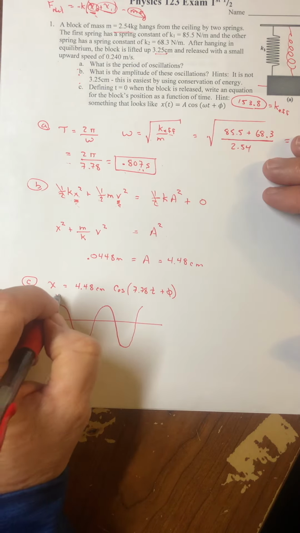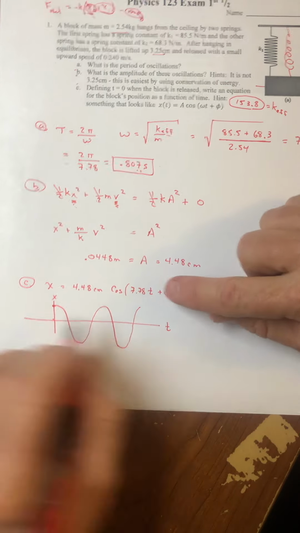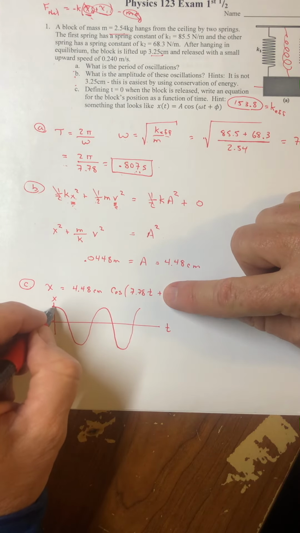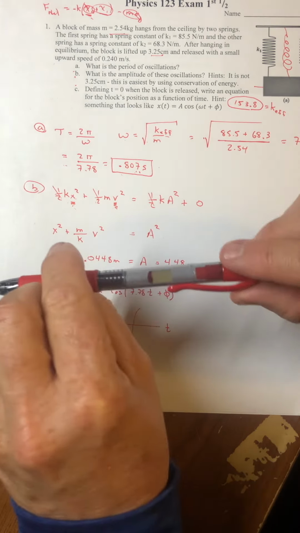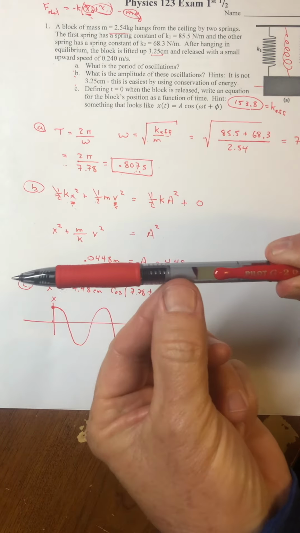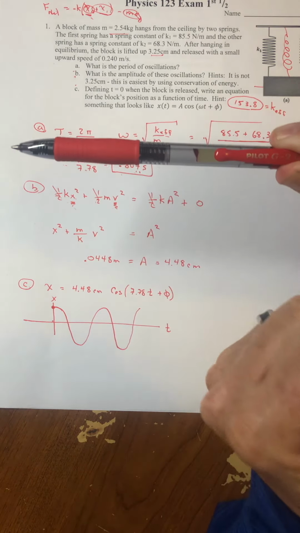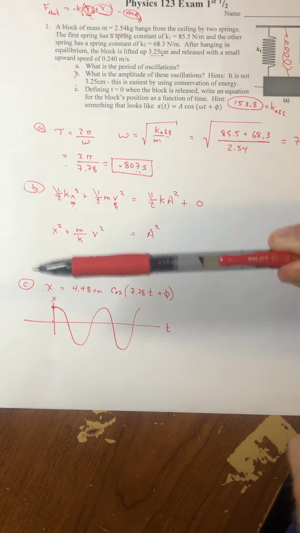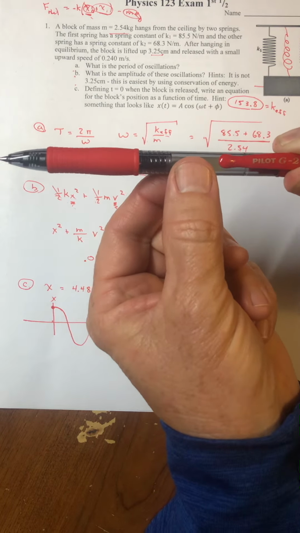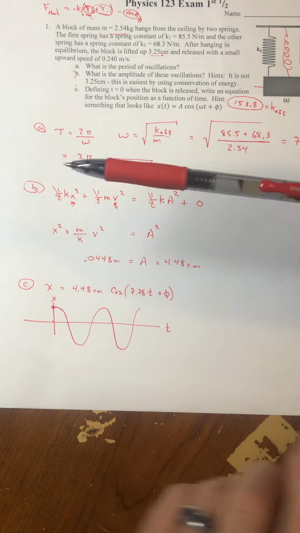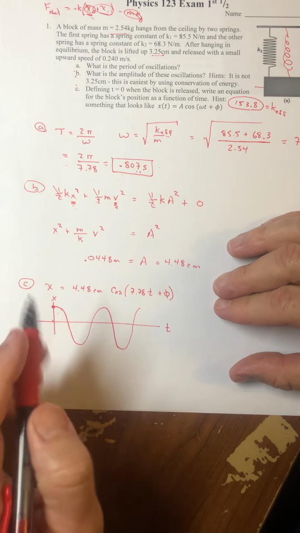And so if this is x and this is t, a pure cosine function with no phase would start at its maximum and head down. And that's not what we have. That's what you would have gotten if it just said you lifted it up and then you let it go, and then it would go back and forth, meaning it would have started at its highest point and then gone back to equilibrium and then gone negative. And that's what this graph is.